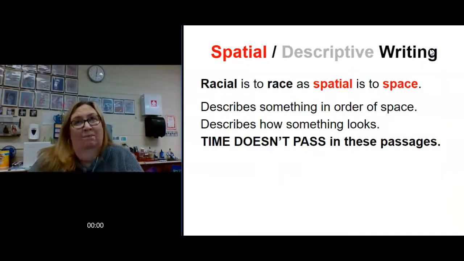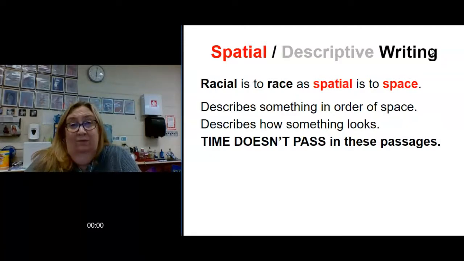Then we went to spatial, not special, spatial writing, which we know better as descriptive. And I had you think about where things are in relation to other things in a space, and you actually wrote up a description of a particular room in your house. We created that bubble map, if you'll recall.